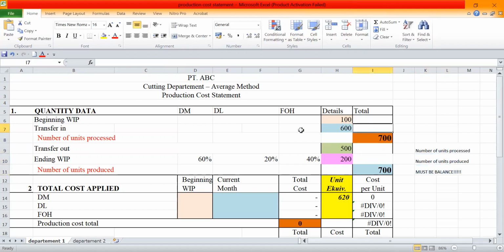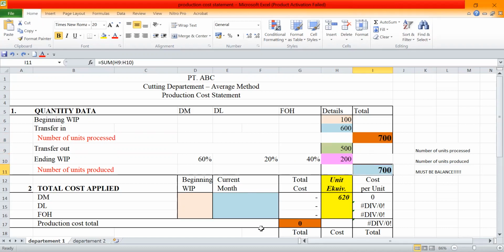So how much the unit that will be processed is also the unit that finally will be produced. Okay, 700, 700. Please make sure in the quantity data part, the number of units processed and produced is the same. So be careful in entering the data.